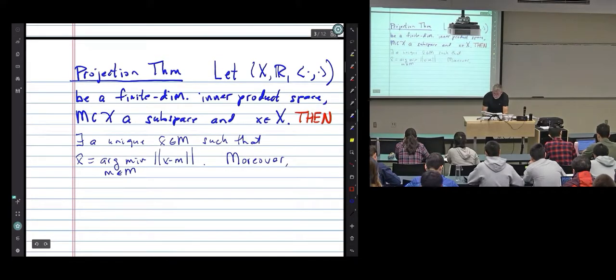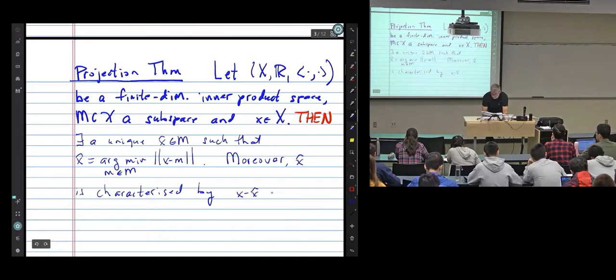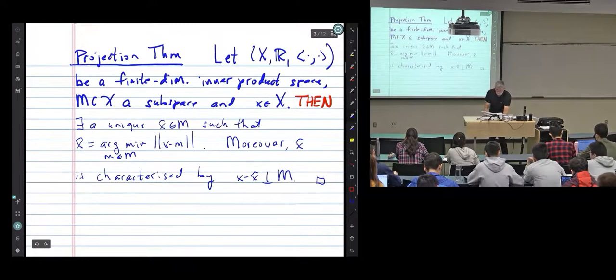Moreover, x hat is characterized by the approximation error being orthogonal to M.